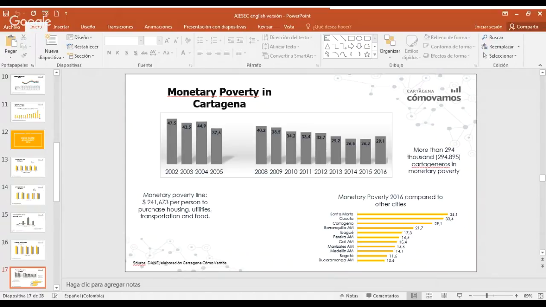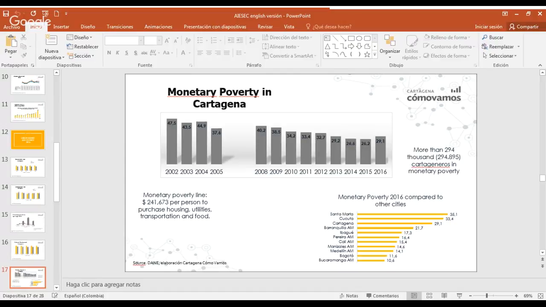So in Cartagena, the rate in 2016 was 29.1. It means that if we compare with 2015, the poverty in Cartagena increased, because in 2015 it was 26. It also means that there are more poor people in 2016 than in 2015.